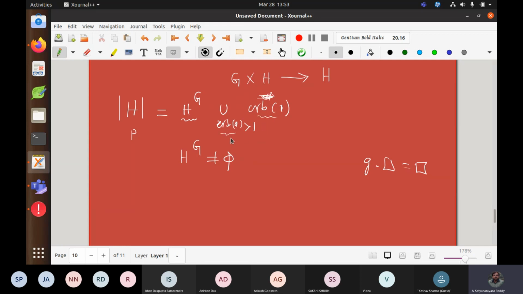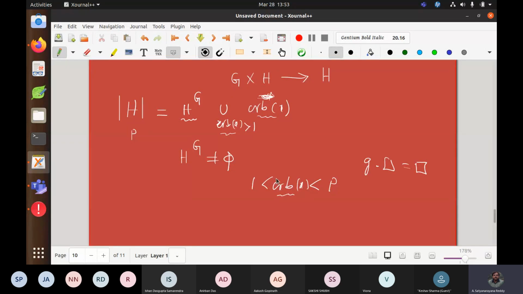Then the orbit size is at least 2, so it lies between 1 and the order of H, which is P. It is strictly greater than 1 and strictly less than P. That is what we are assuming.